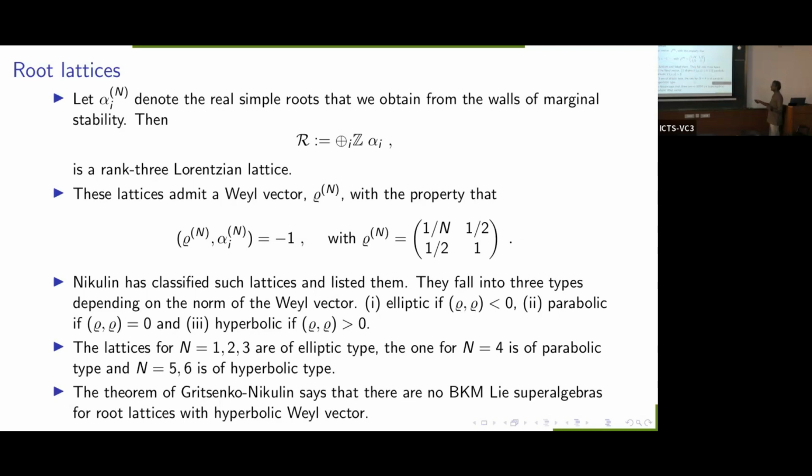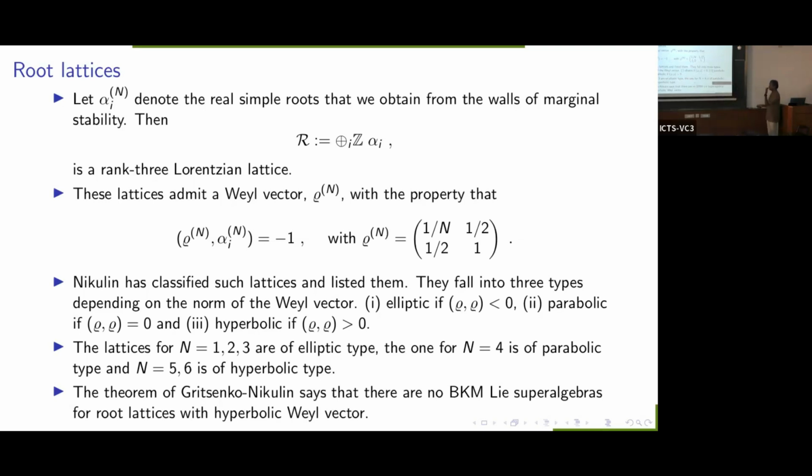So what we find is that for n equal to 1, 2, and 3, this rho is of elliptic type. N equal to 4 is exactly, if you remember, this was proportional to the determinant. You can check that this will have determinant 0. So that's of parabolic type. And the n equal to 5 and 6 cases are hyperbolic type.